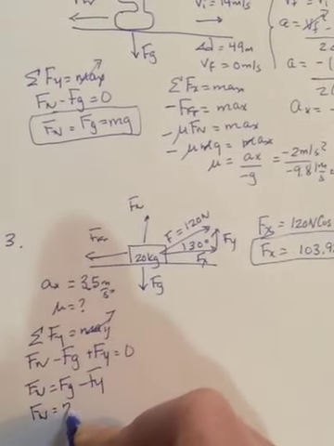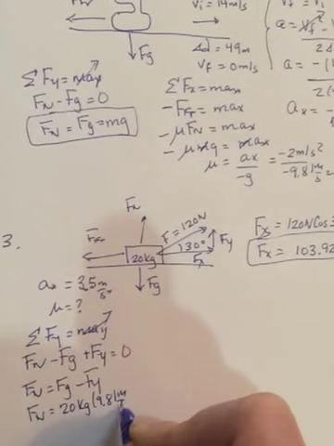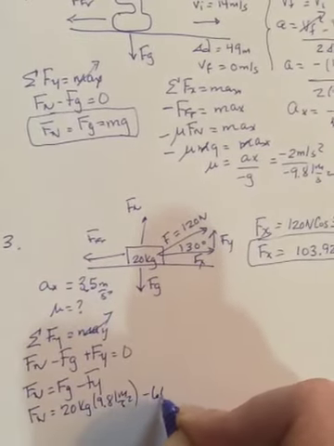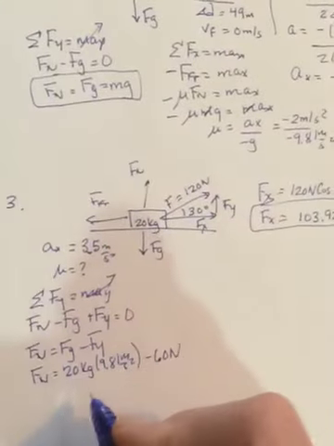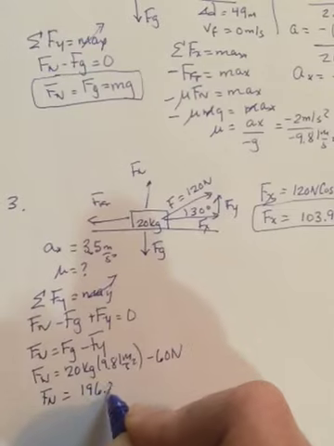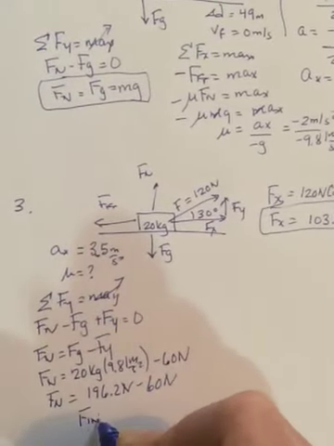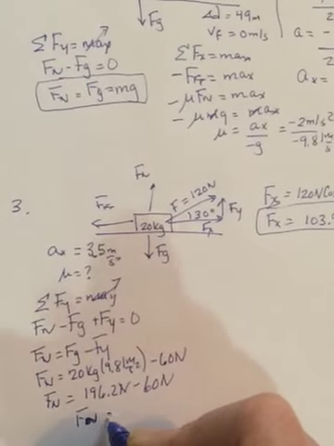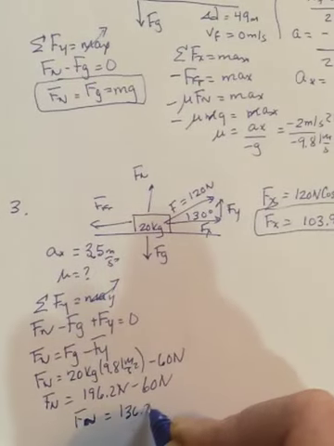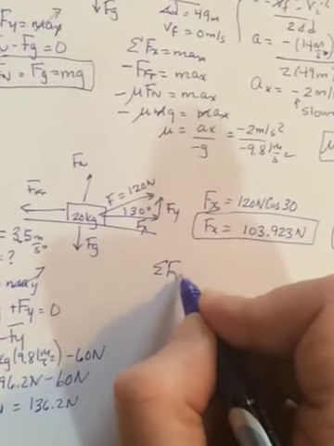Fn equals 20 kilograms times 9.81 meters per second squared minus the Fy we just found, which was 60. This is going to be 196.2 newtons minus 60. So Fn equals 136.2 newtons.